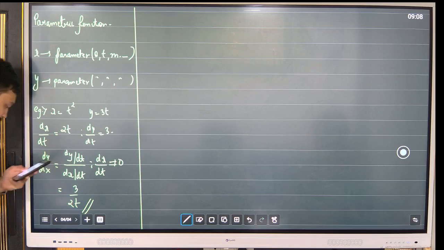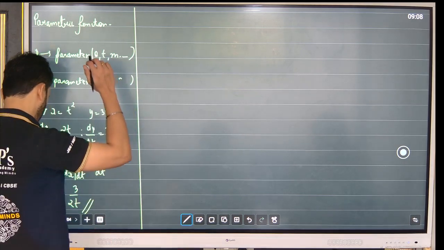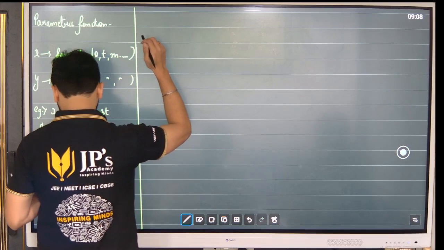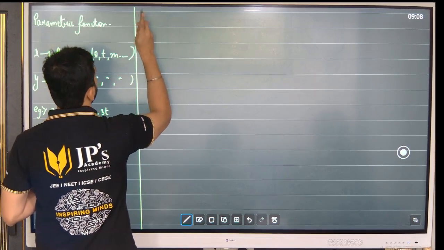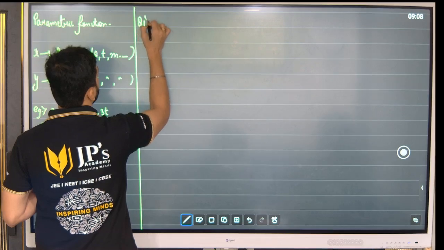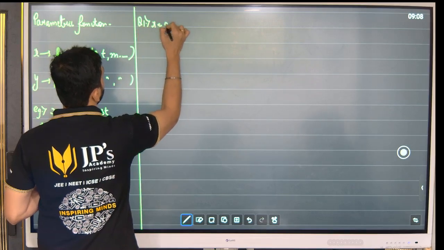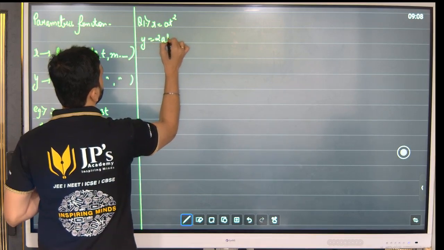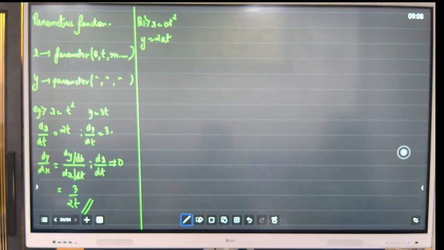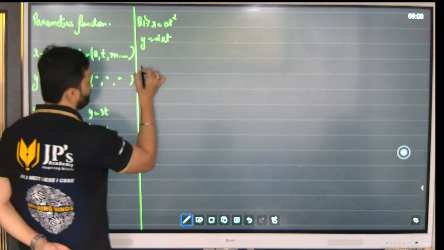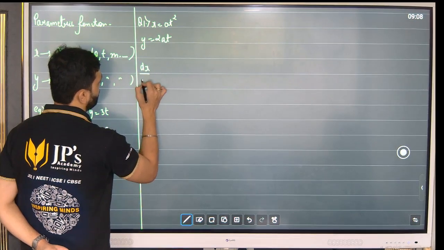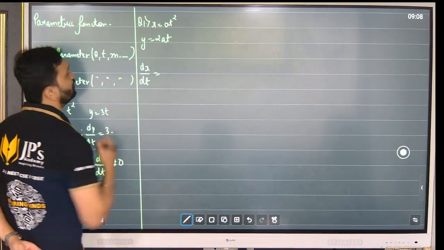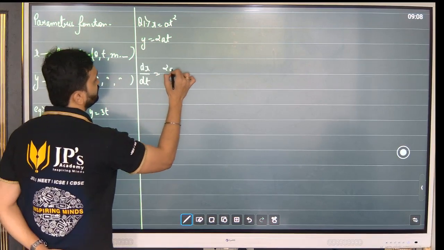Now, say for example, we will take a sum. My question is x is equal to at square, y is equal to 2at. Basic sum. First, step number 1, I will find dx by dt. Can you tell me what will be dx by dt? 2at.